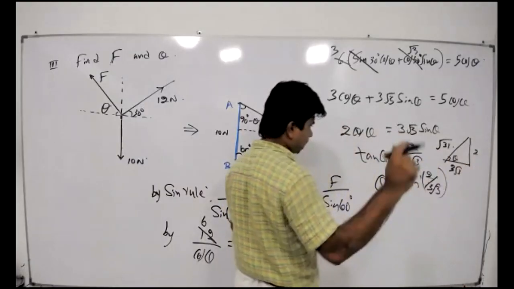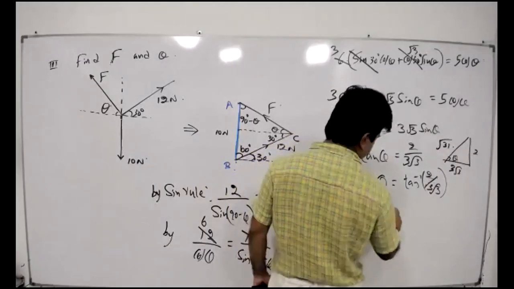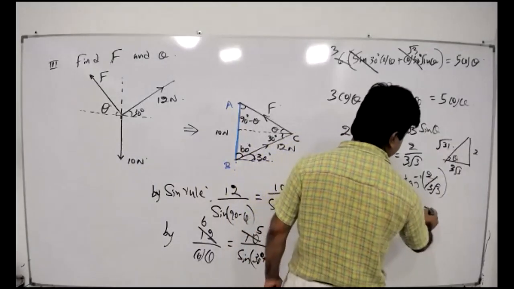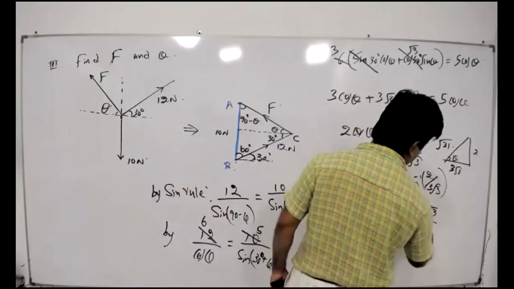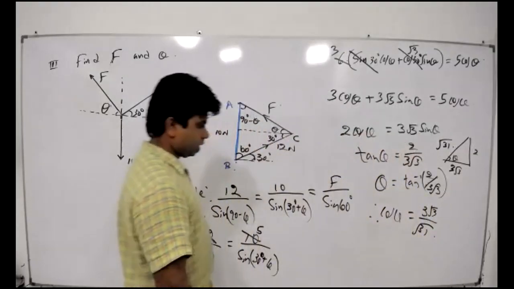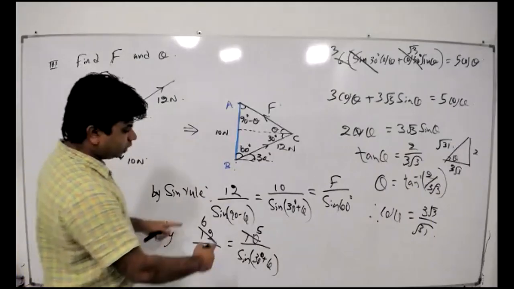Then very simple, right? Therefore cos theta equals how much? Cos theta equals 3 root 3 over root 31. Clear? Now, shall we equate these two?